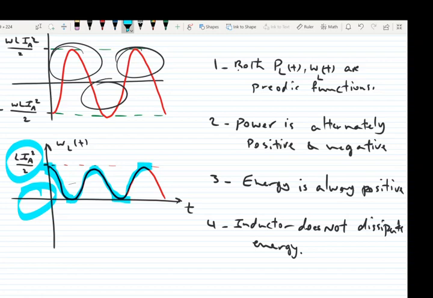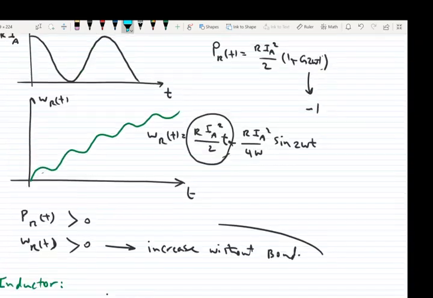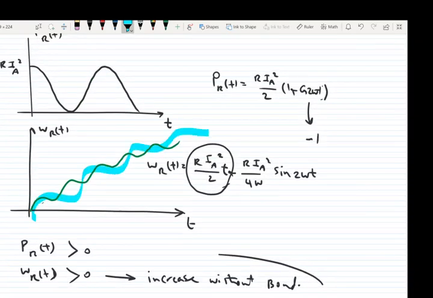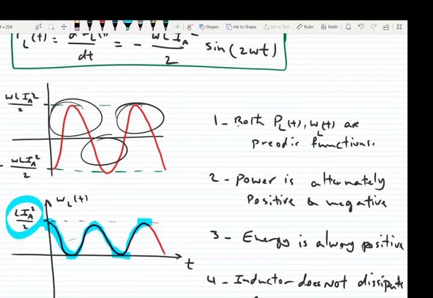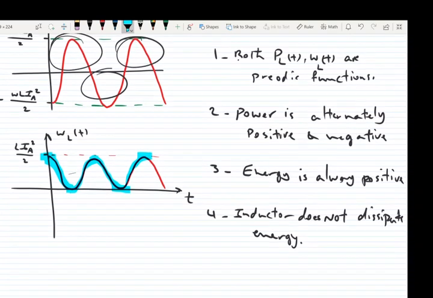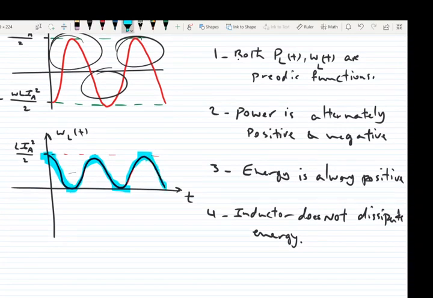But if we look at the resistor, we see that the energy is continuously increasing, so after a long time we get energy dissipated in a resistor. But in inductors, the energy is always interchanging between the circuit and the inductor.